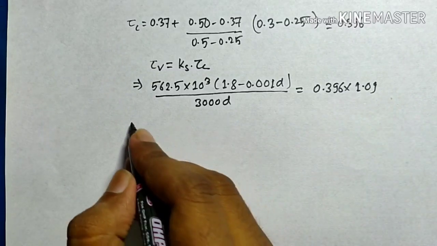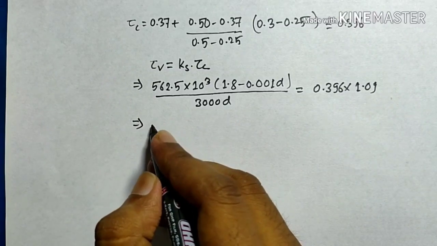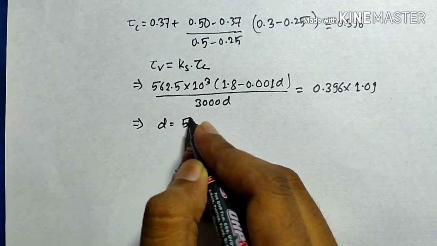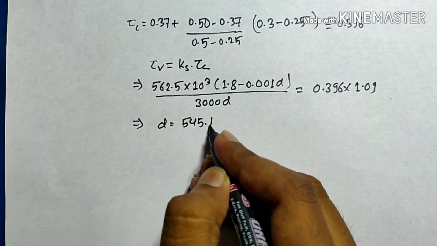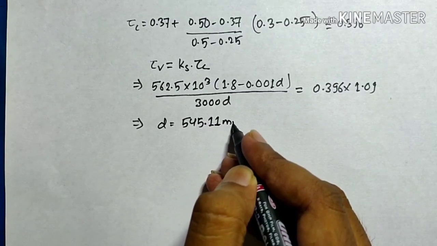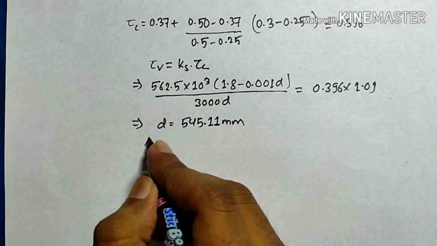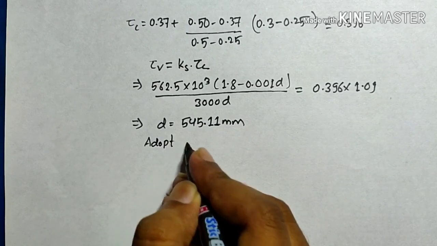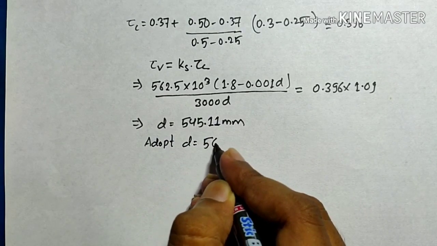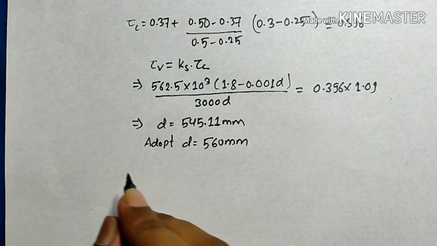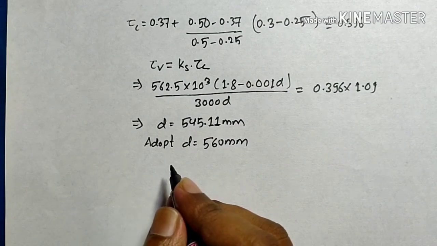So on solving this, we will get the value of d equals to 545.11 millimeter. Now let us adopt d equals to 560 millimeter, and let's move toward the third point, in which we will apply a check for two-way shear.